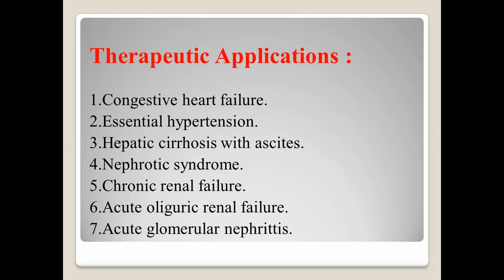Cirrhosis means there is damage of the liver with ascites. Ascites means there is pressure built up on the veins, and that's why the liver is not able to work and damage of the liver occurs.